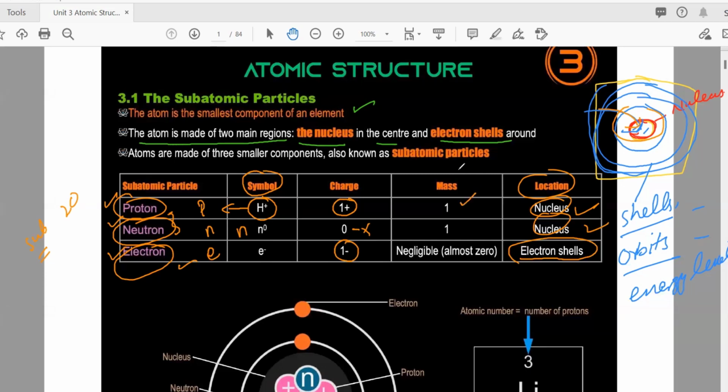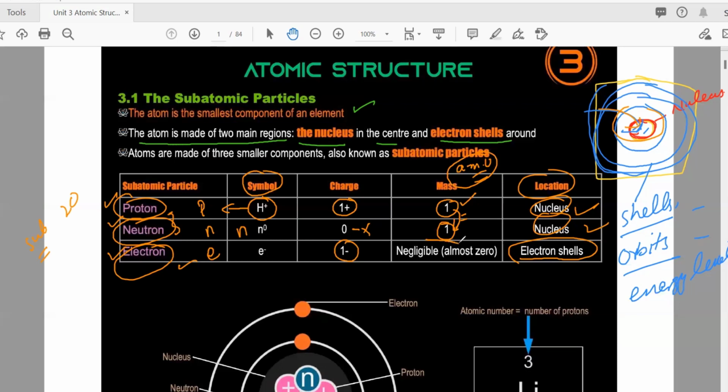They are just taking it as a unit, AMU, atomic mass unit, like you use kilogram or gram. When talking about atomic subparticles, they use the unit AMU. According to that, the proton is 1. The proton is the same as the neutron in mass. In other words, they are almost equal in mass.